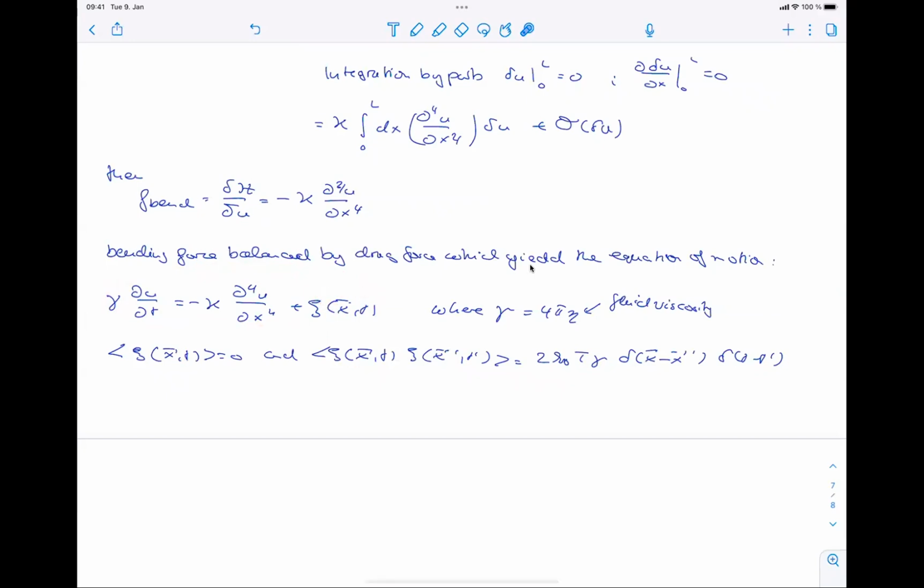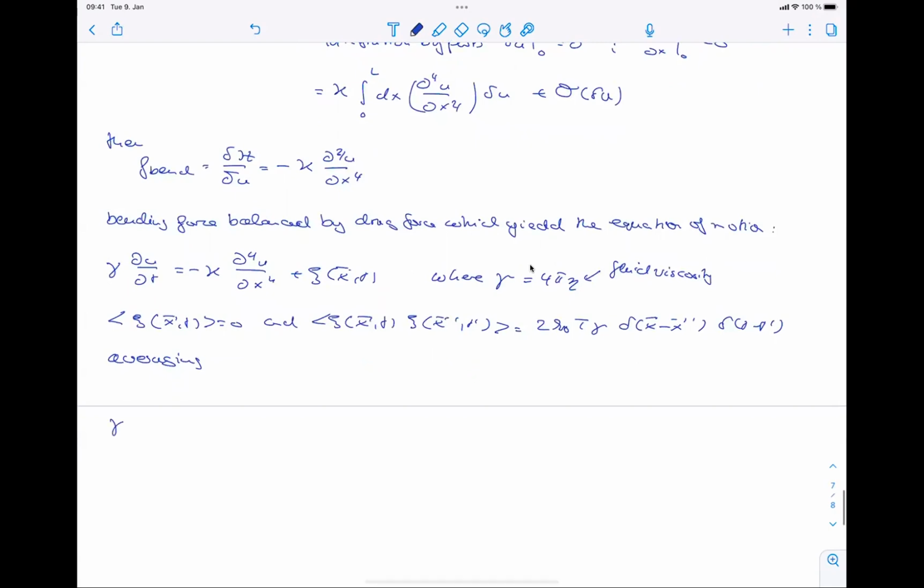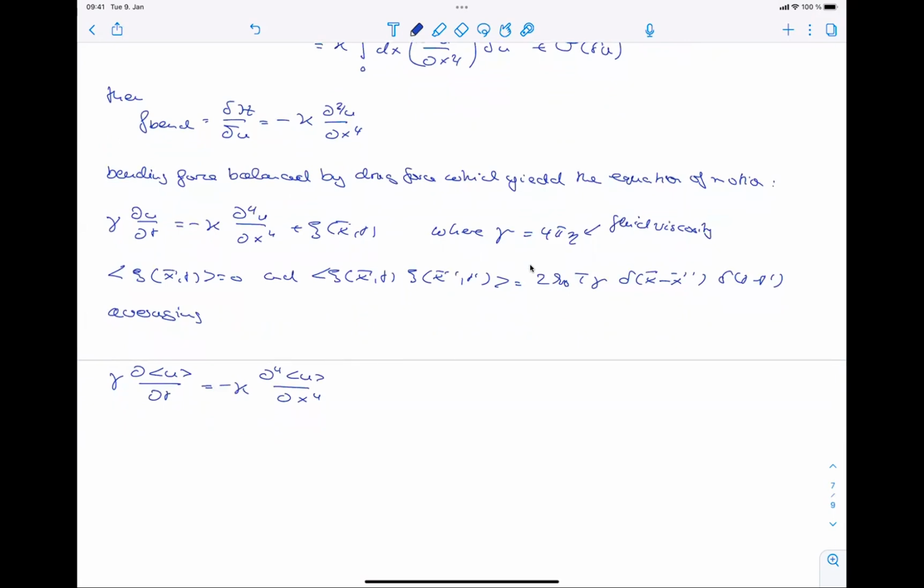Given that the average of the noise is 0, we see that averaging, we get gamma du dt minus kappa, which we can solve by Fourier transform to identify that gamma d uq dt is minus kappa, minus iq to the power of 4, uq.